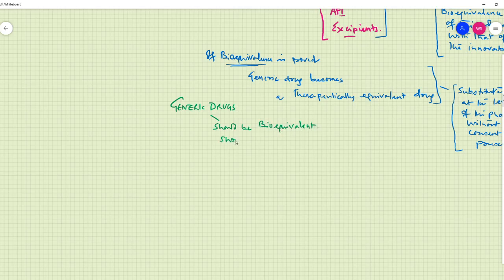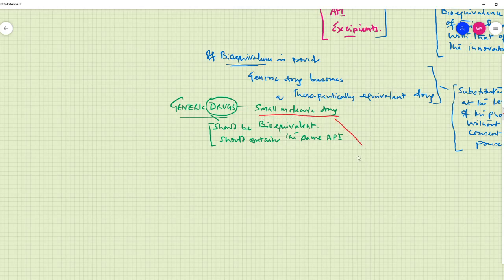They should contain the same API, the same active pharmaceutical ingredient. So that becomes a generic drug. So here when we say a generic drug, we mean a small molecule drug.